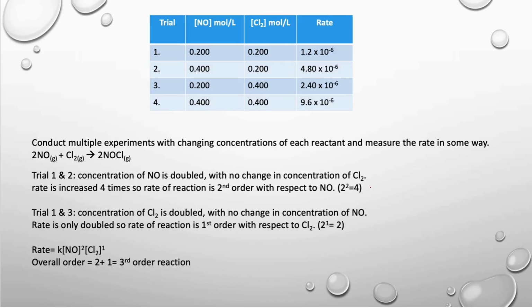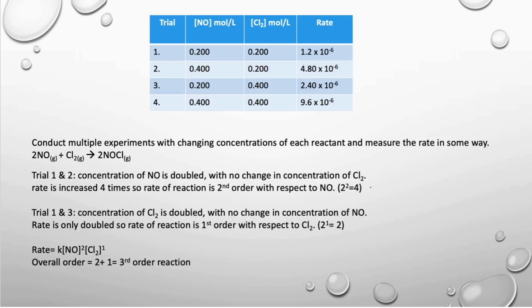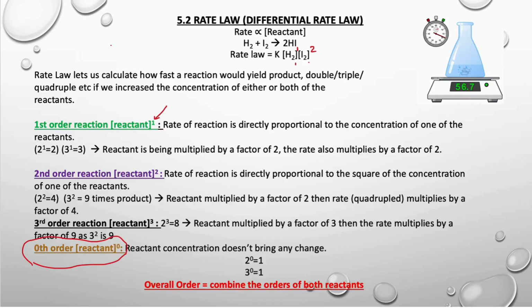Here I have a reaction in which NO is reacting with chlorine in order to yield this NaCl. I want to figure out the reaction order for NO, and I want to do that for chlorine also. I have to do that in order to figure out the rate law.